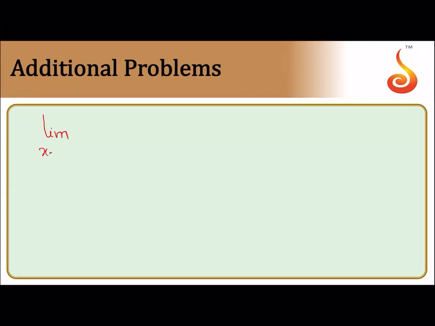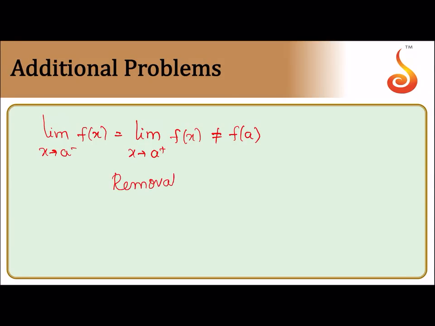Now we move on to the next example. So remaining problems we'll deal with next class. But before that, one more very important thing is there. Limit x tending to a minus f of x is equal to limit x tending to a plus f of x, is not equal to f of a, then we say removable discontinuity.